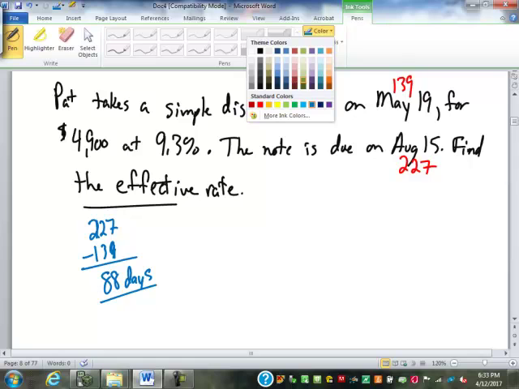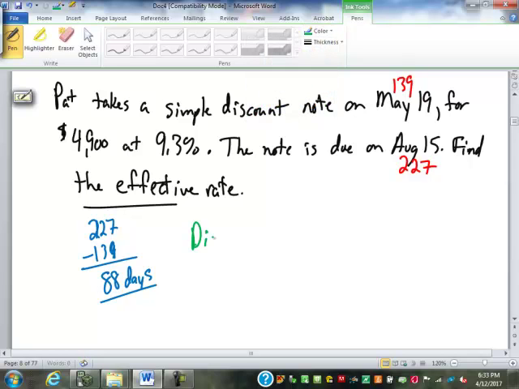So to find the effective rate now from those days, we first have to find the discount. And our discount, of course, is going to equal what? Same thing as the interest. Okay, so how do we find it? 4,900 times 0.093 times 88 over 365.